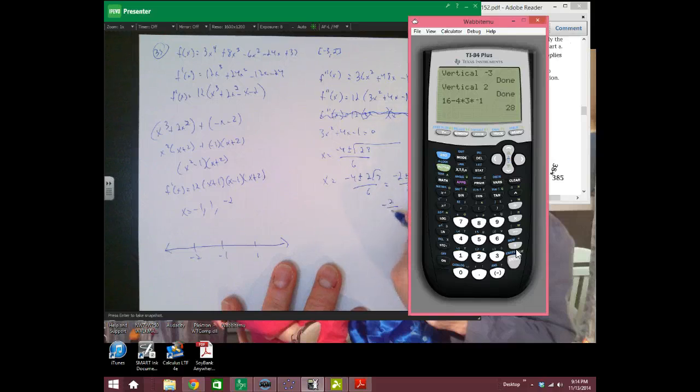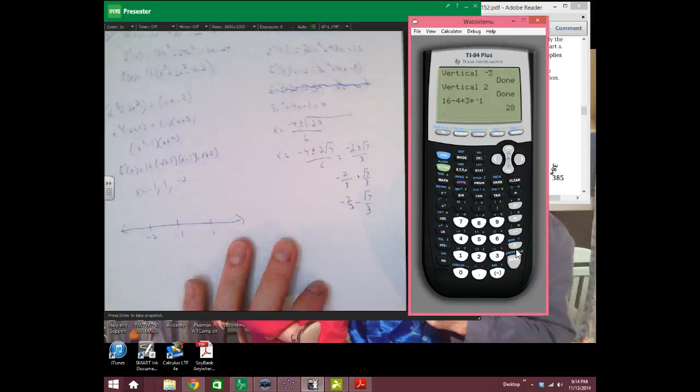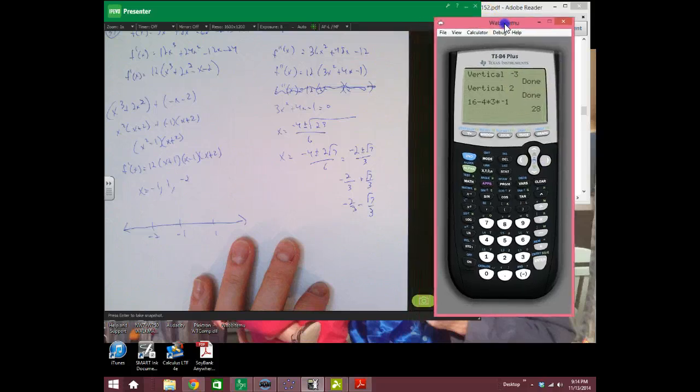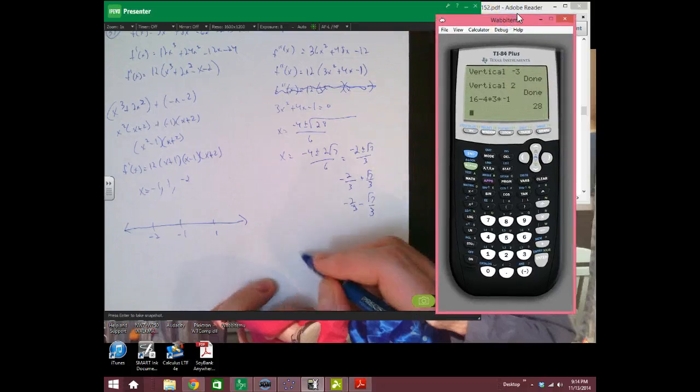So negative 2 thirds plus root 7 over 3, negative 2 thirds minus root 7 over 3. So, it's not pretty. Sorry, I've been doing this work here underneath the calculator. It's not pretty, but it's going to work well enough, especially just for us to test points around.